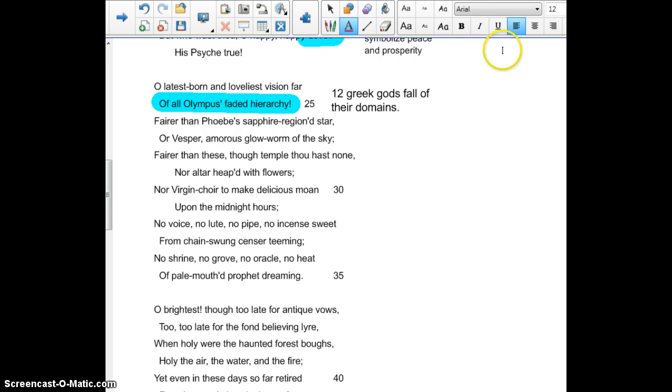Next, I see this name over here, and we said we were going to do names in green, so I'm going to highlight this. There's actually two names here. I see Phoebe and Vesper.